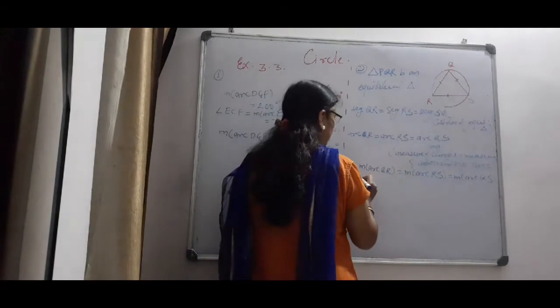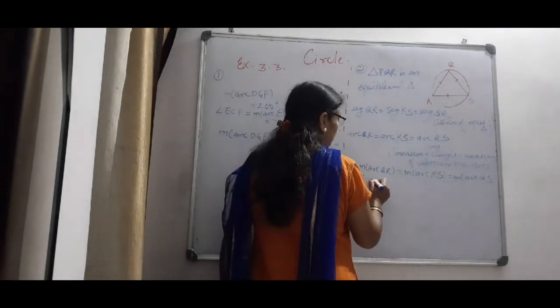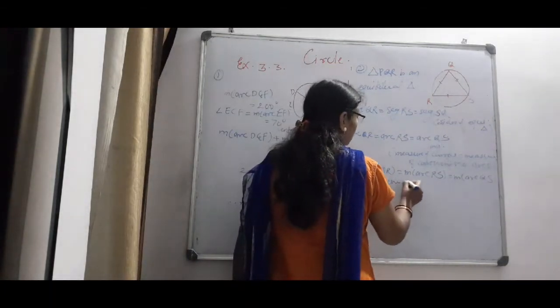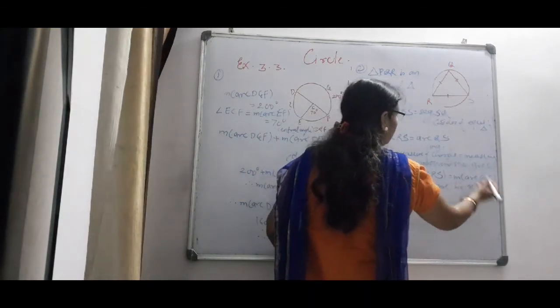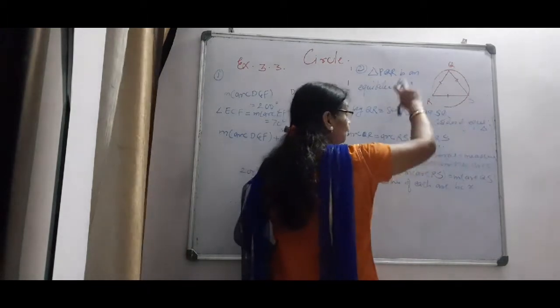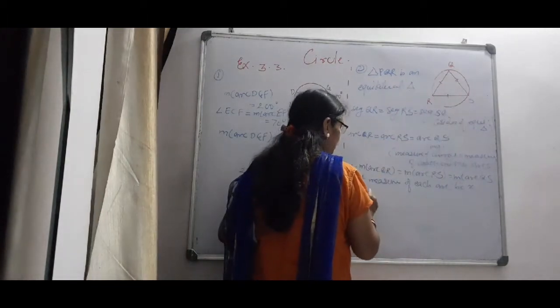Now all the arcs are equal. Let the measure of each arc be x. Now the total measure of the arcs of a circle is how much? 360.